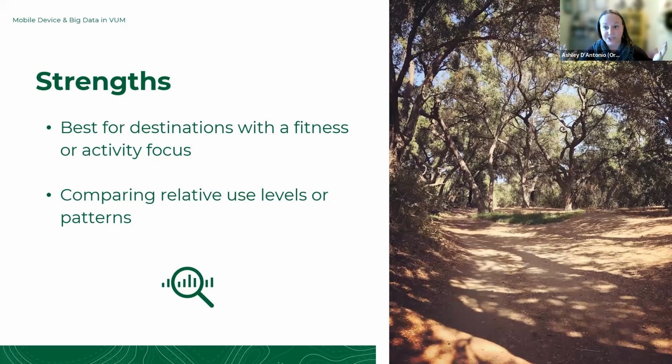The top motivation for a lot of those parks was fitness. So we felt that Strava might be a good proxy for visitor use for doing some trail-based modeling. And again, it's best if we're trying to compare use levels or patterns of use, as an indicator of overall use, versus trying to estimate absolute attendance.